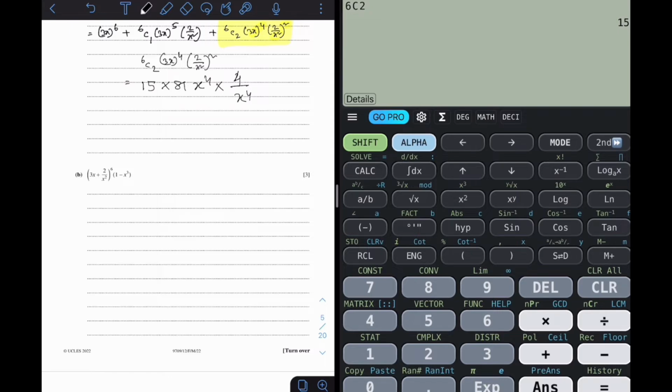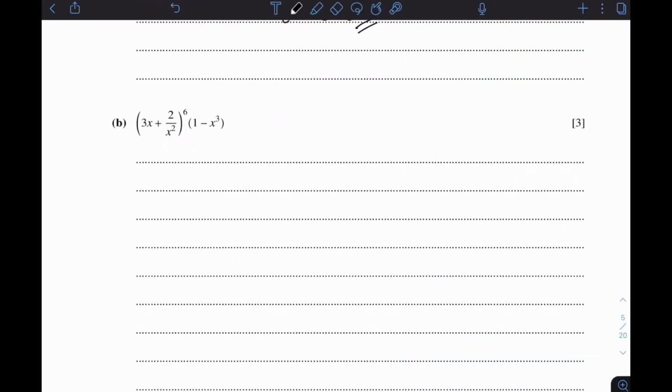So if we multiply 15 into 81 into 4, this is cancelled and it is becoming 4860.